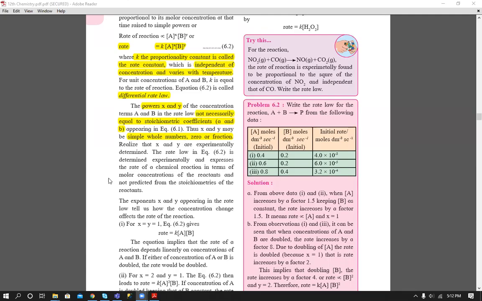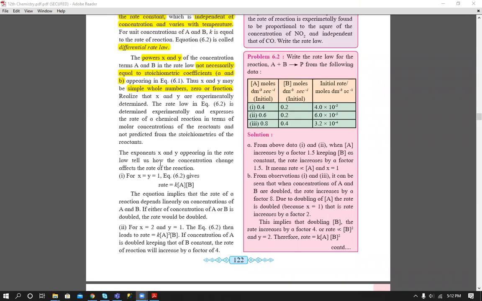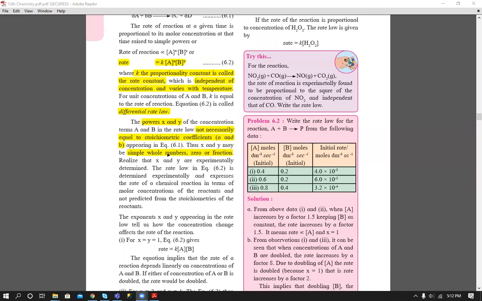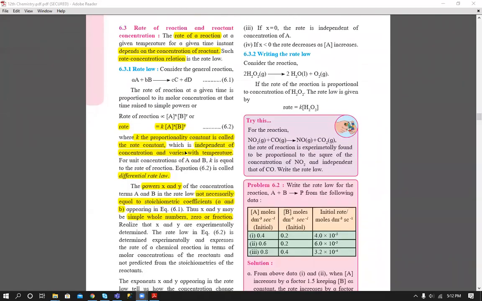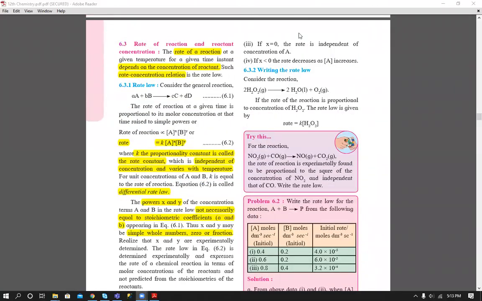If the concentration of A or B is unity, or 1, then the rate of reaction will be equal to the rate constant. So the definition of rate constant is the rate of reaction when the concentration of reactants is taken as unity.